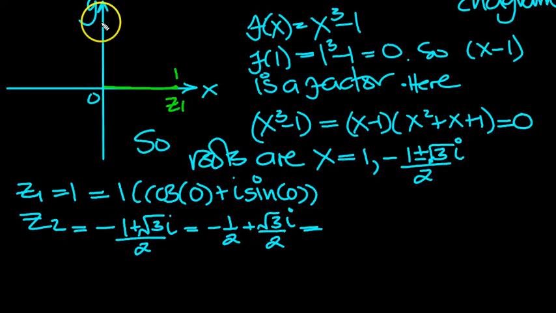So I'm going to mark it off on the diagram as well. So let's go from the center, which is here, and it's minus a half plus root 3 over 2, something like that, isn't it? Agreed? It's going to look like that. So there's the point there, and this is Z2.